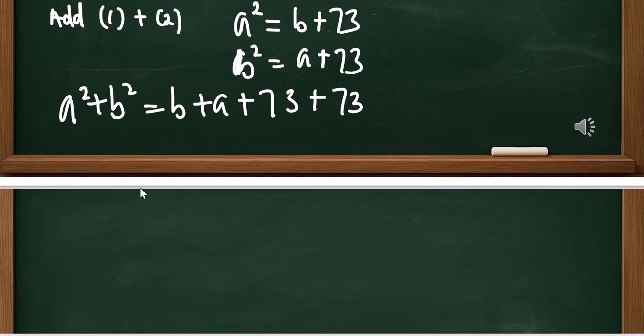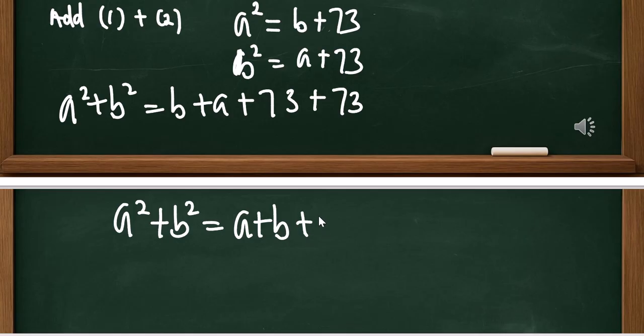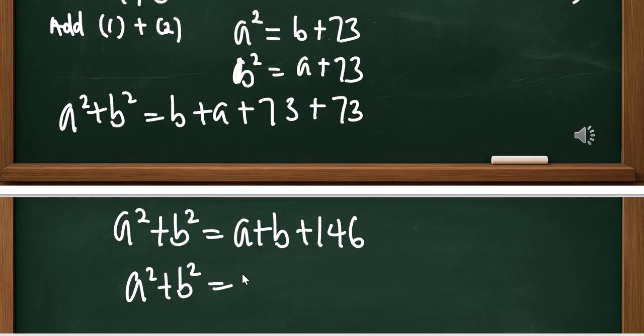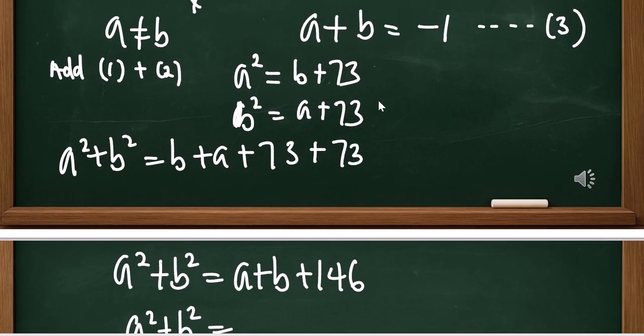Here we're going to have a squared plus b squared equals a plus b plus 146. From here, we can further simplify. Let's go back to equation 3.